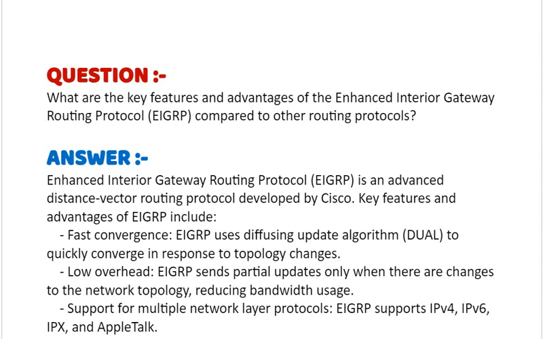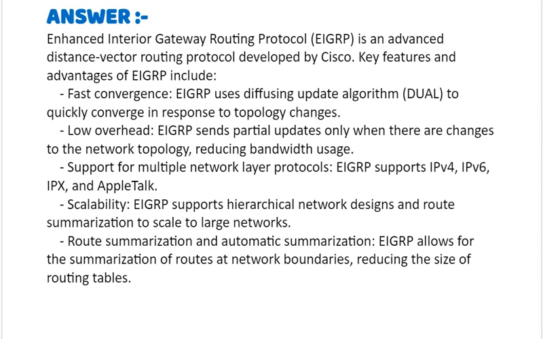Key features and advantages of EIGRP include: first point, fast convergence. EIGRP uses the diffusing update algorithm, DUAL, to quickly converge in response to topology changes.